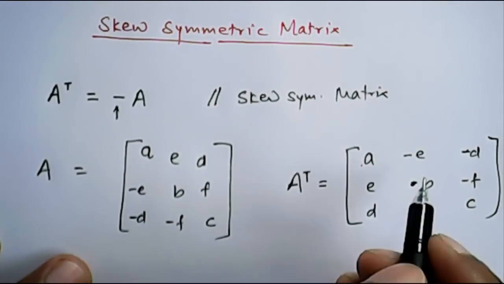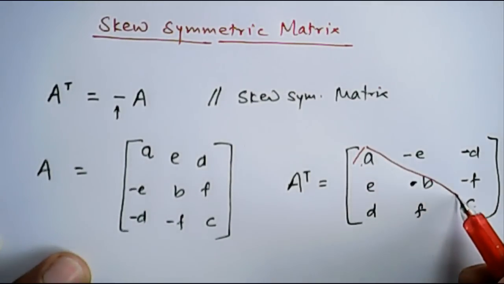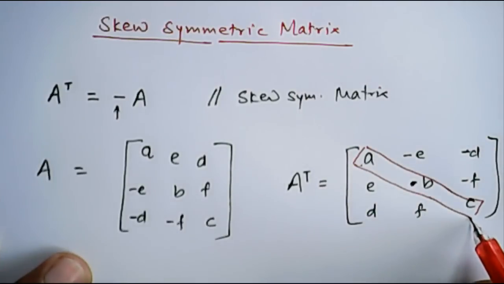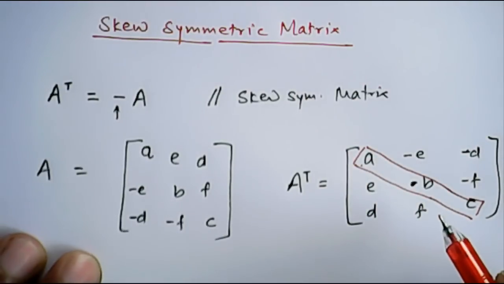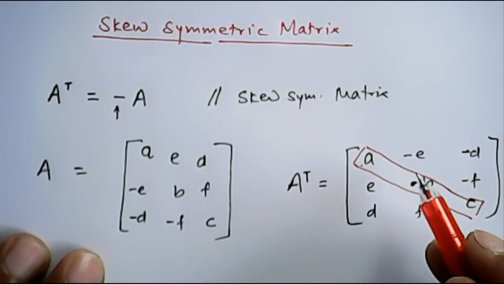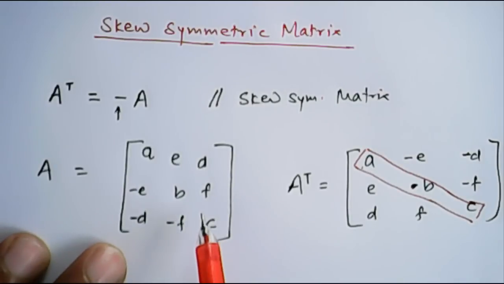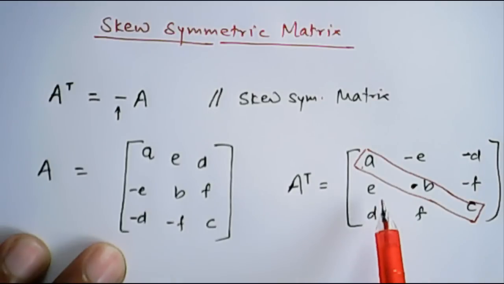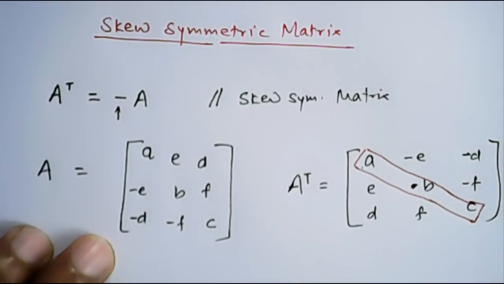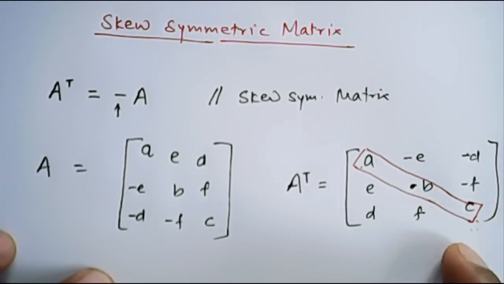But this diagonal element, if you see, is not negative. What you need to get is, when you transpose, you should have all the elements negative of the original matrix, corresponding elements. So here the diagonal will remain the same even in transpose, like trace of A is equal to trace of A transpose, so the diagonal will be the same here.